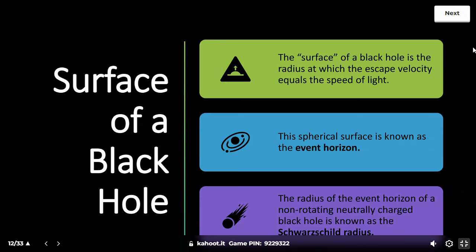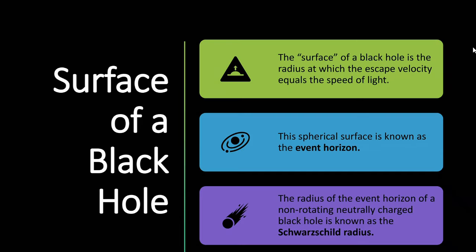So there's not really a surface of a black hole in terms of something that you could stand on, but this barrier between basically the inside and the outside of the black hole is what we call the event horizon. If you're outside of the event horizon, then you could potentially have enough velocity to leave the region of the black hole.